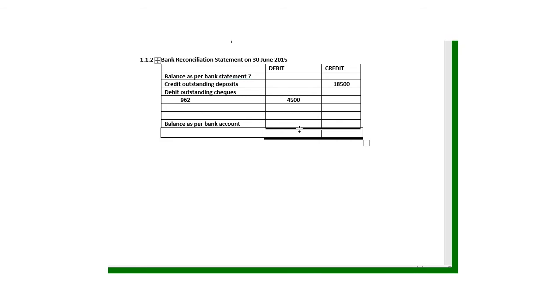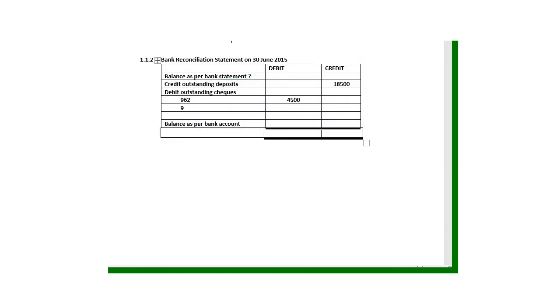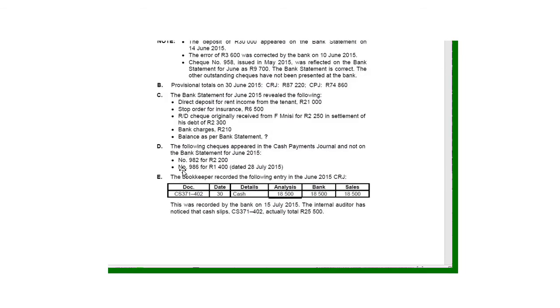And then there would normally be a list of checks that was on the journal but not on the statement. There they are under D, 982 for 2,200. So I'll simply add it, 982, 2,200, and let's just see the other one, 986, 1,400.